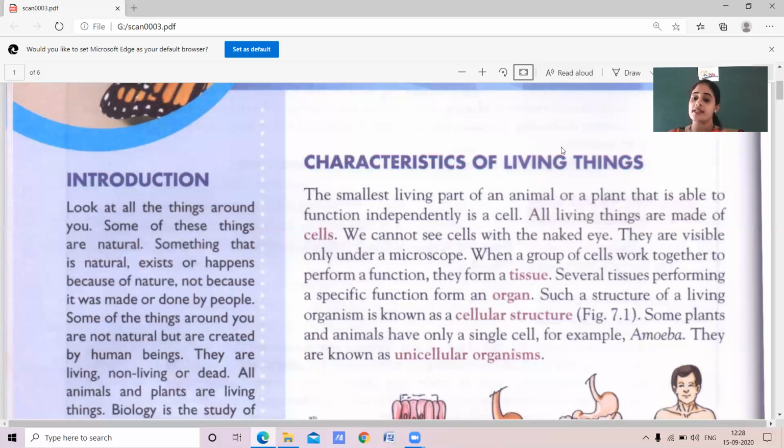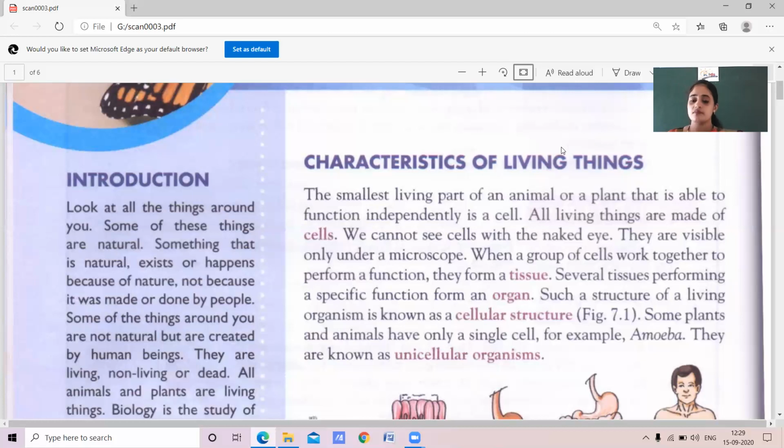Which are those organisms? Example, amoeba and some groups of bacteria. They are made up of a single cell. We call such an organism a unicellular organism. They are made up of only one cell.